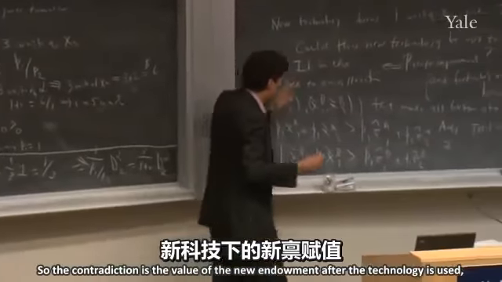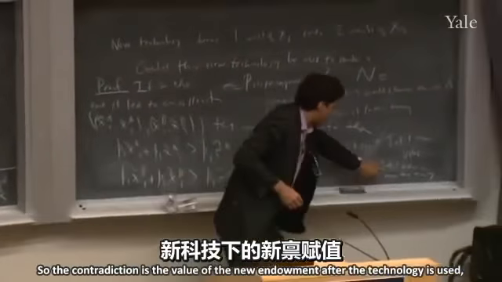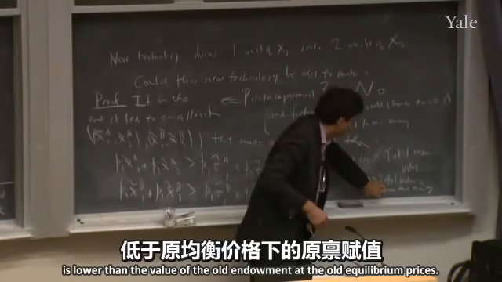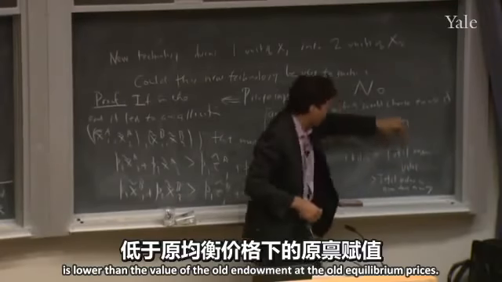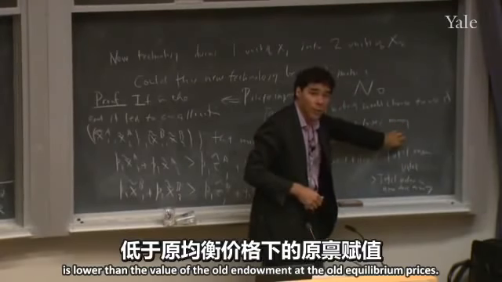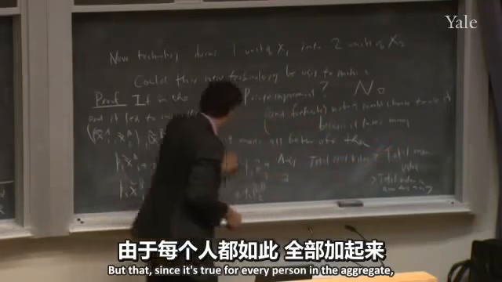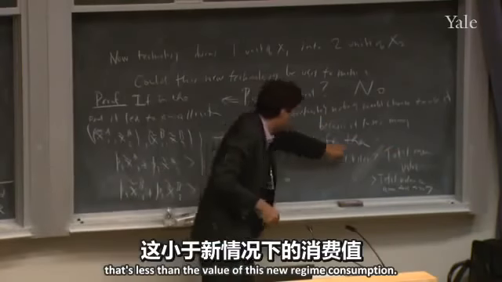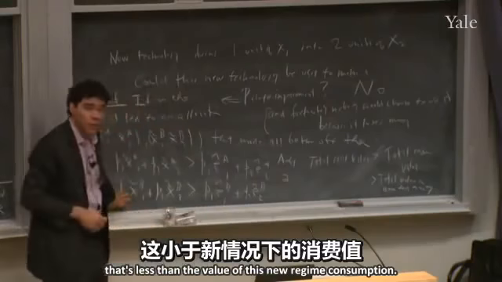So the contradiction is that the value of the new endowment after the technology is used, at the old equilibrium prices, is lower than the value of the old endowment at the old equilibrium prices. But since it's true for every person, in the aggregate that's less than the value of this new regime consumption.